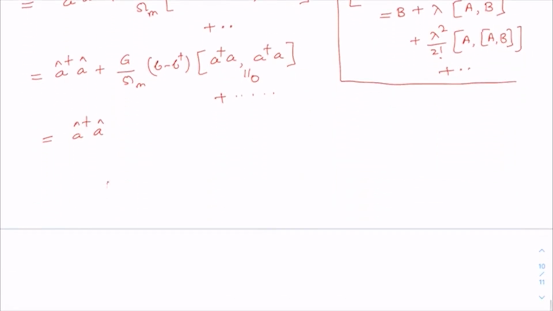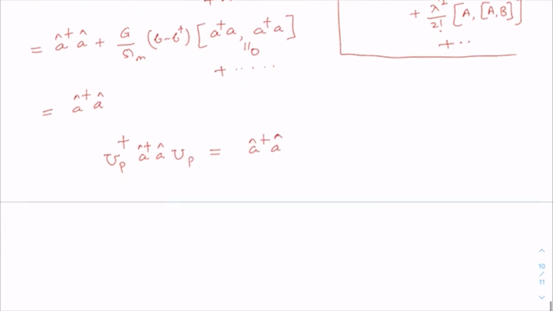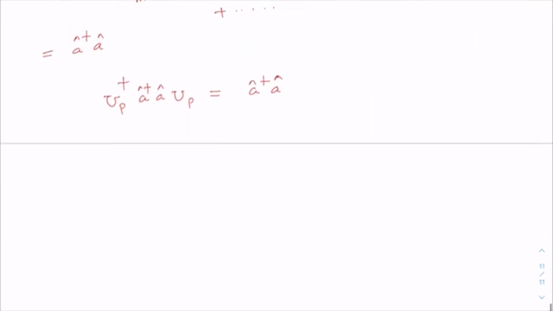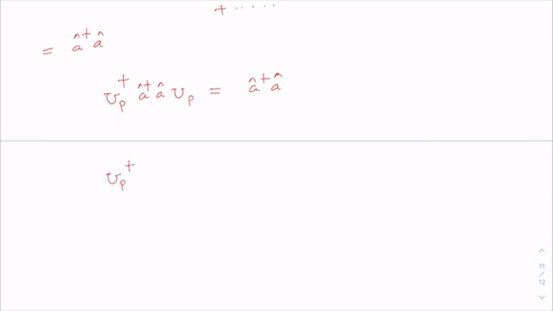Okay, so what we get is that u dagger a u is simply a dagger a. In a similar fashion, we can work out terms like, say, u dagger b u, which is e to the power z by omega m, a dagger a, b minus b dagger b e to the power z by omega m, a dagger a, I have here b dagger minus b.